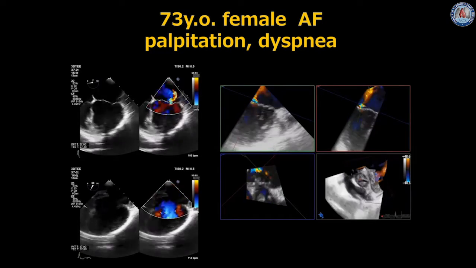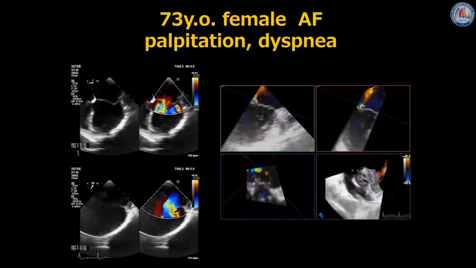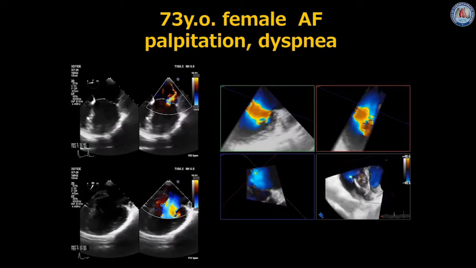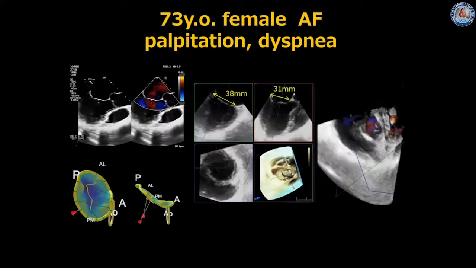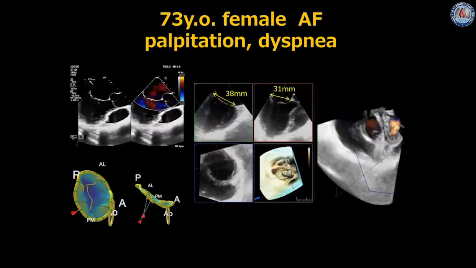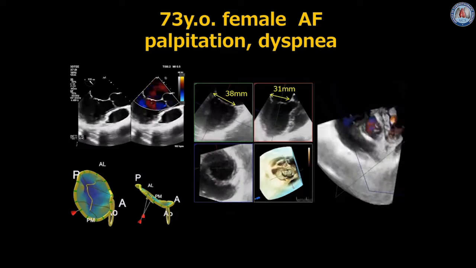3D color Doppler nicely shows the typical curtain-like regurgitation commonly seen in functional mitral regurgitation. The annulus was enlarged mainly in the intercommissure direction in this particular case.